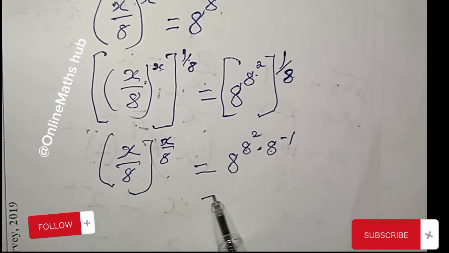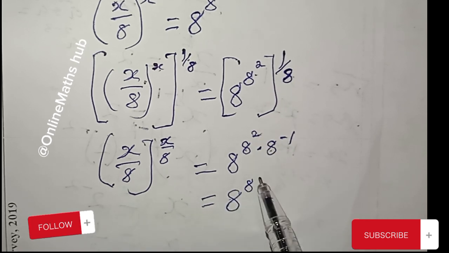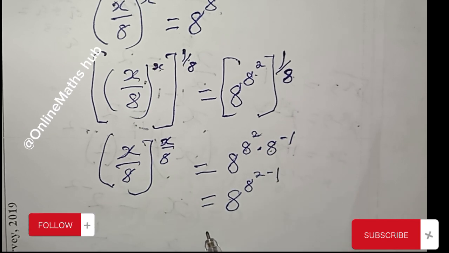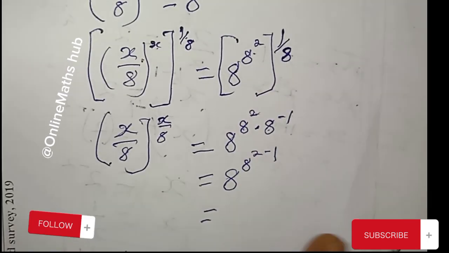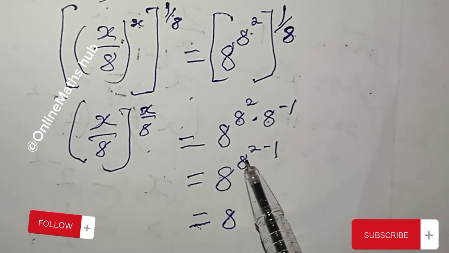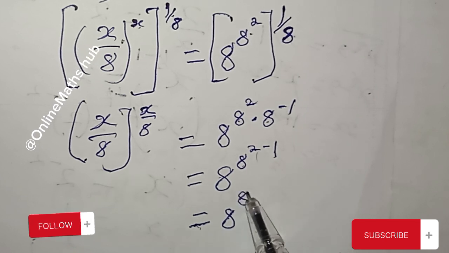On the right hand side I have 8 power 2 minus 1, so this reduces to 8 power 1. Of course 2 minus 1 is 1, and 8 power 1 is still 8.